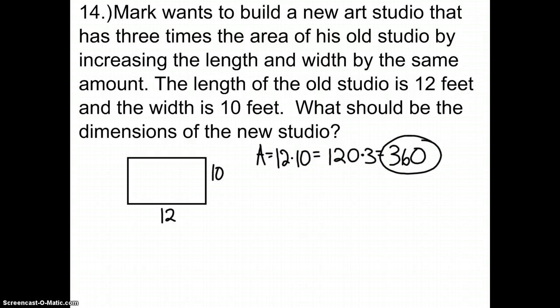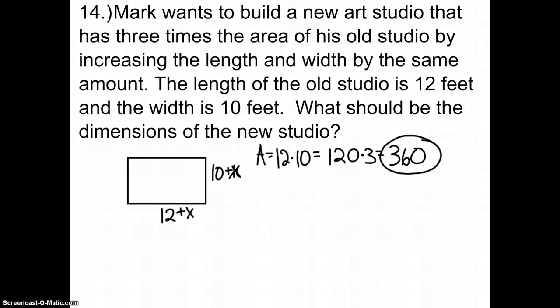And the word problem says that we're increasing the length and the width by the same amount. So if we add x to both the 10 and the 12, we're adding the same amount to both the length and the width.